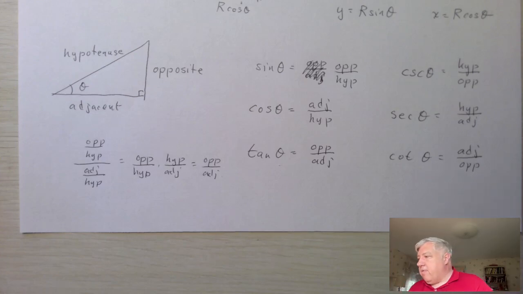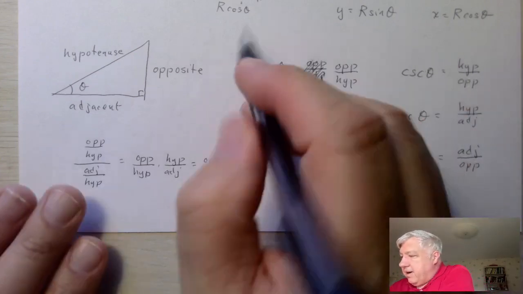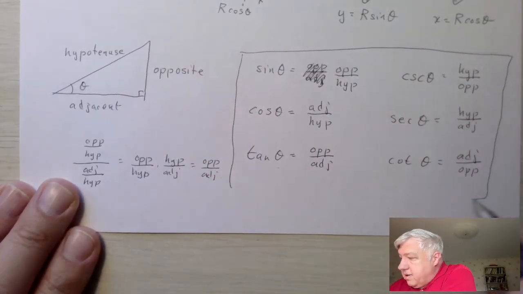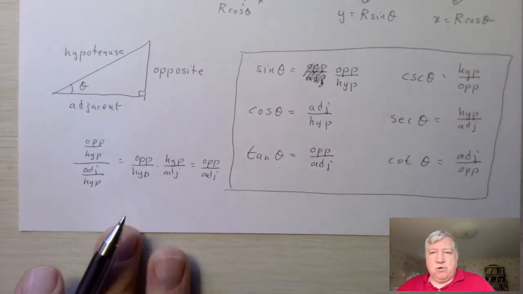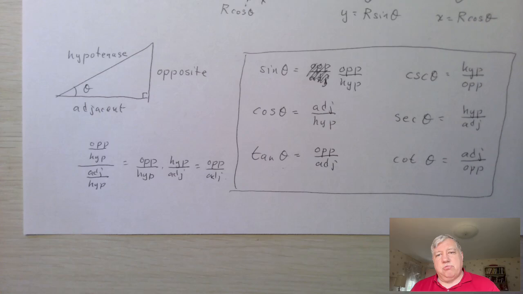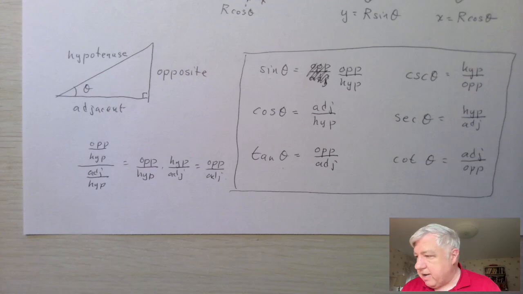Okay, so this is another way. These are the formulas that you might have learned in some other classes when you were learning about trig functions. And of course, this really only works if theta is between 0 and 90 degrees, if you have a triangle like that.